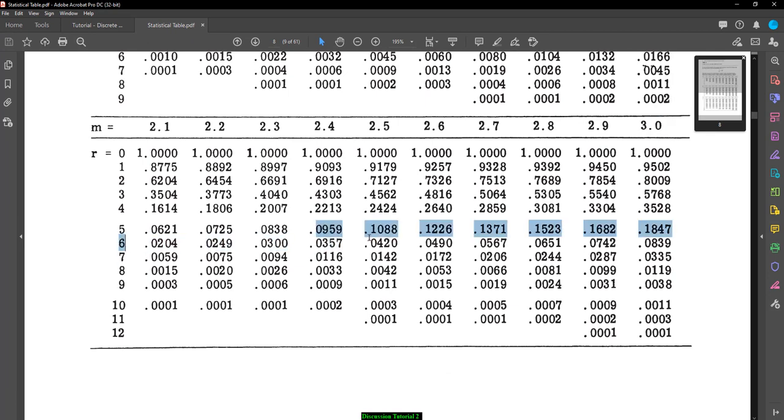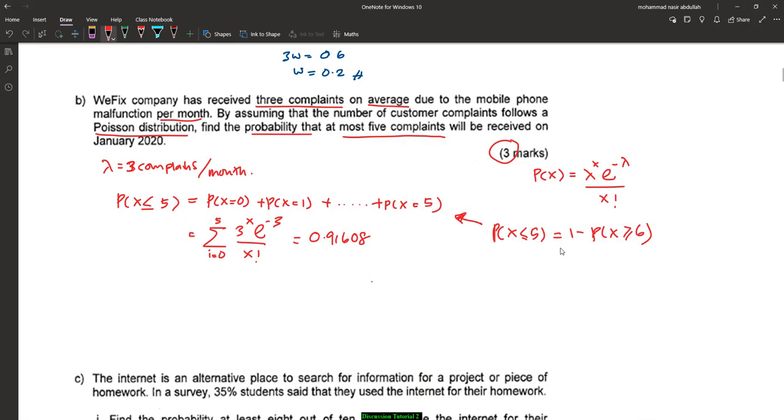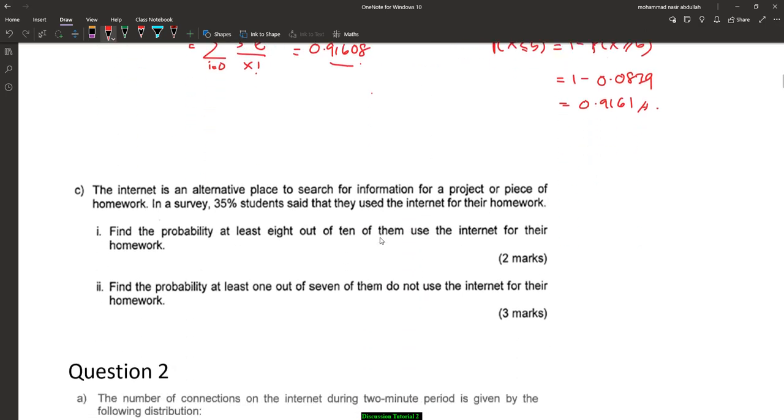More than or equal to 6 is 0.0839. So this one should be 1 minus 0.0839, which is 0.9161. More or less the same, right? So at 4 decimal places, it should be 0.9161, right?